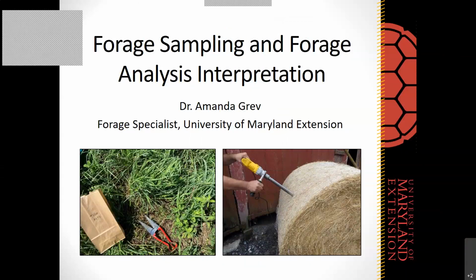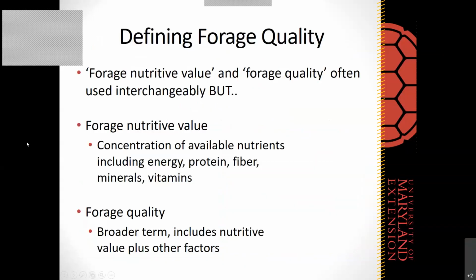And like Shannon said, today we're going to talk about forage sampling and forage analysis interpretation. Really quick, before we get into the how-tos and the actual analysis, I wanted to talk briefly about forage quality and some of the terms associated with it. We often use terms like forage nutritive value and forage quality interchangeably.